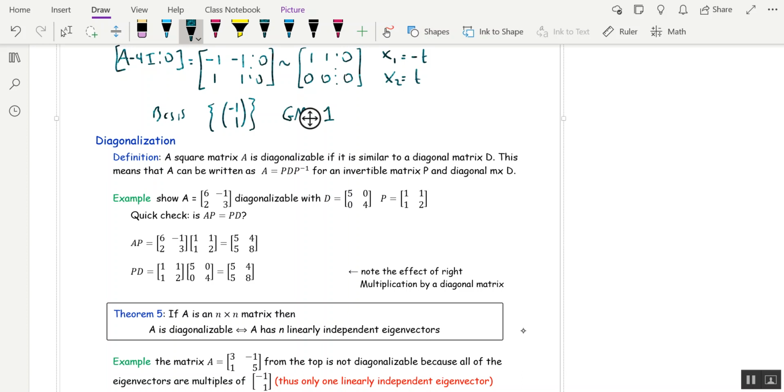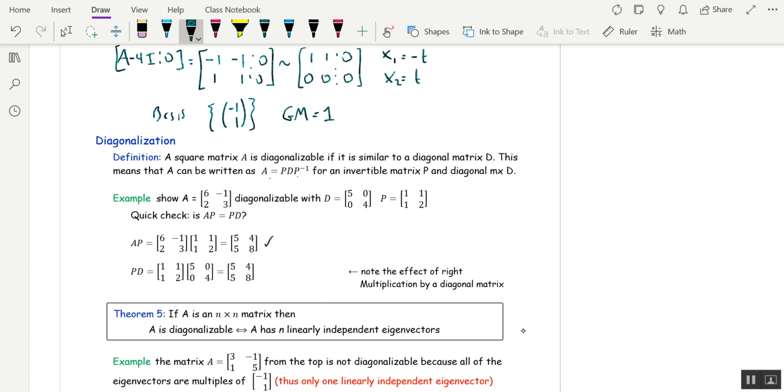So for example, I claim that this A is diagonalizable with this D and this P. And so what we would have to do is check, is A equal to PDP inverse? But it's quicker to multiply both sides of this equation by P and just check if AP is PD. And so I went ahead and did that.